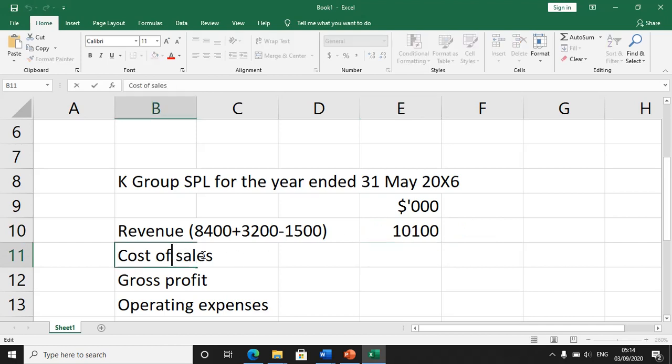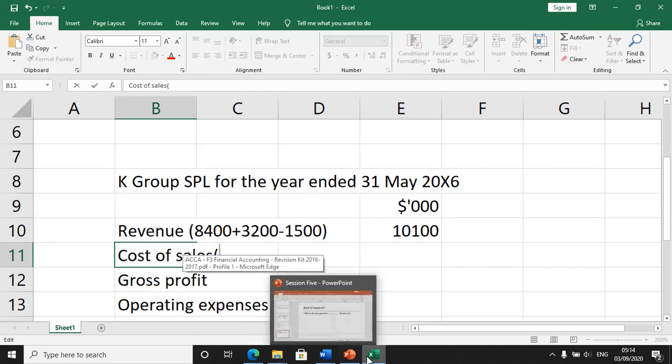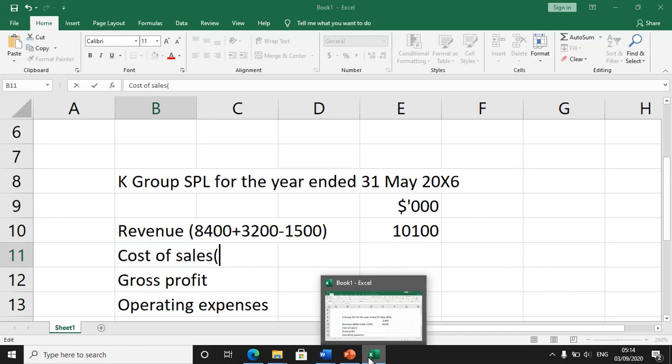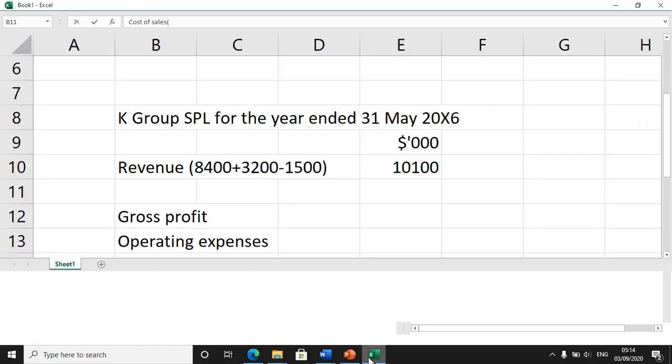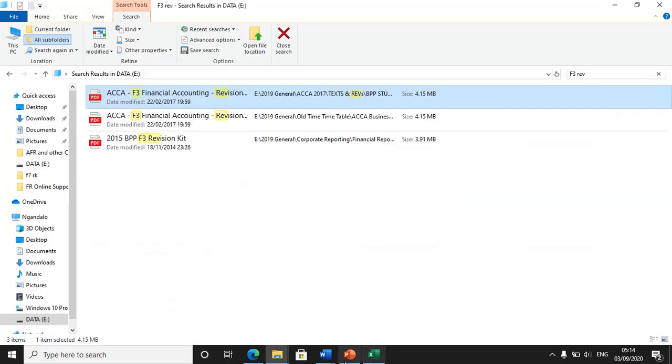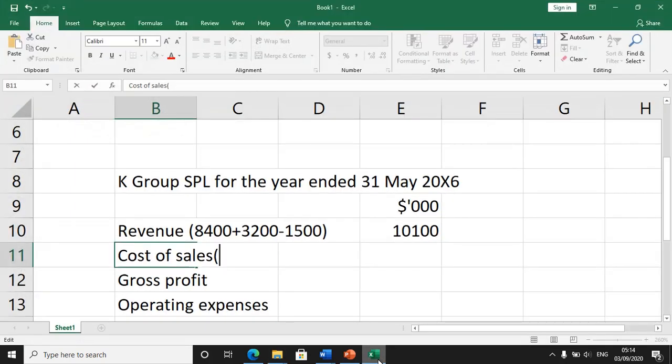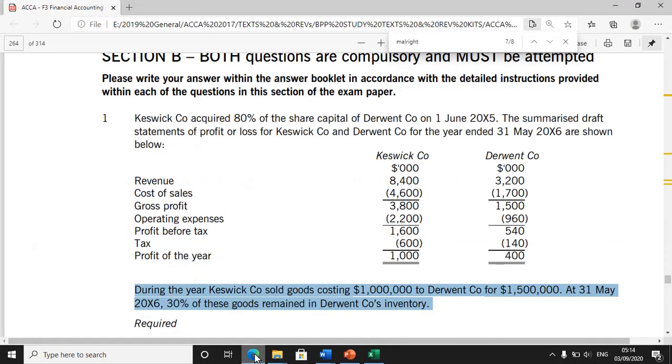Then the next one is cost of sales. Let me check the question.